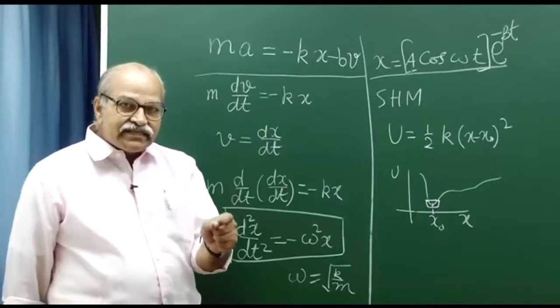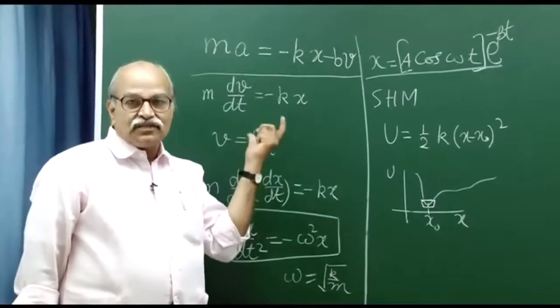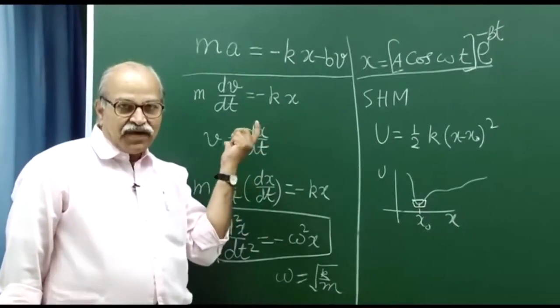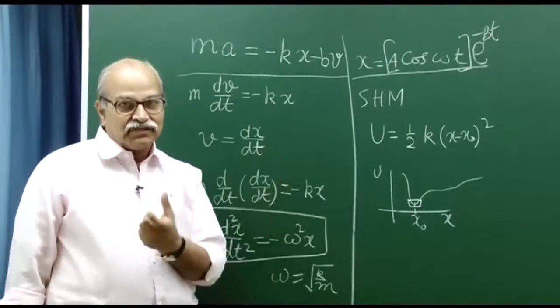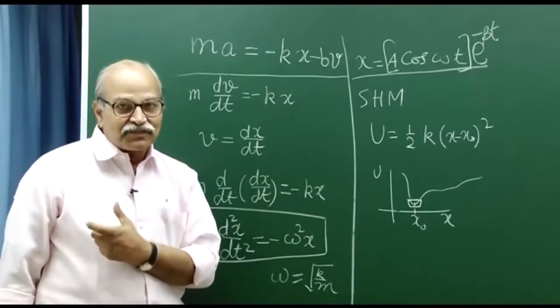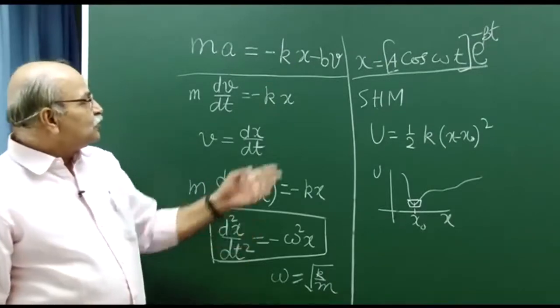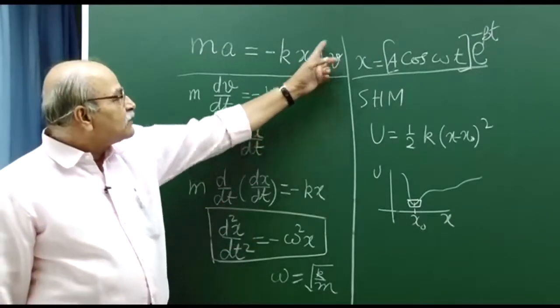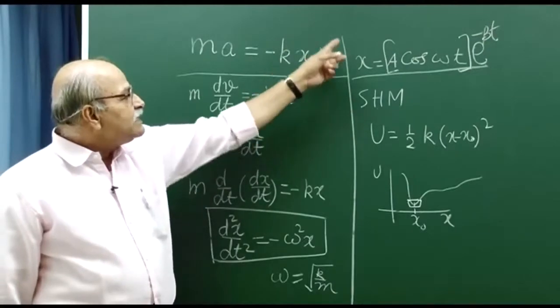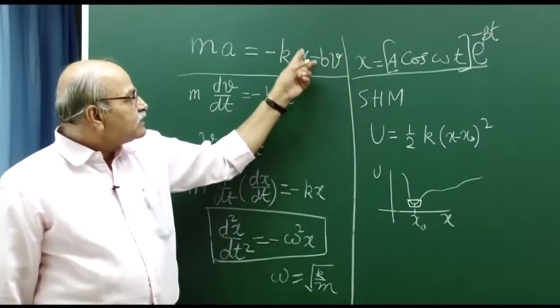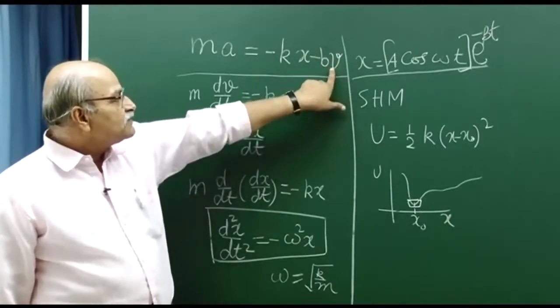Then we discussed that together with the restoring force, if you have a damping force also, a dissipative force which consumes energy, then you have some term here. For many cases, this damping force is proportional to the velocity.